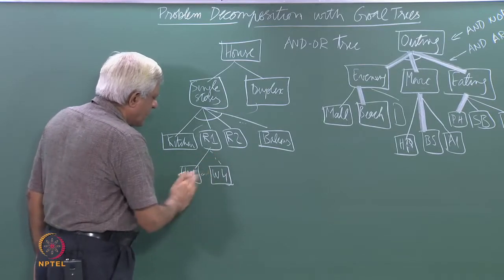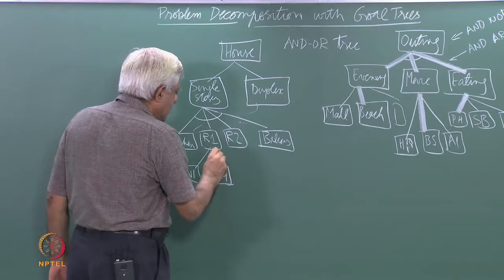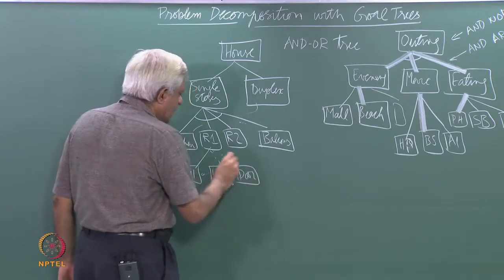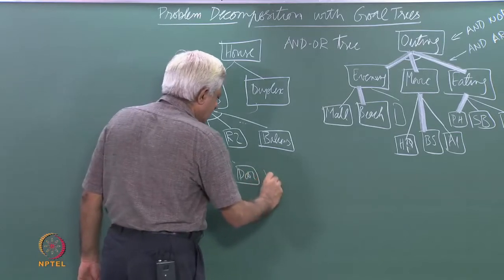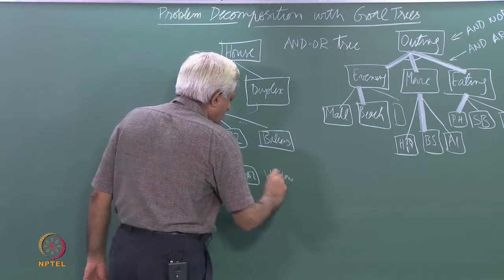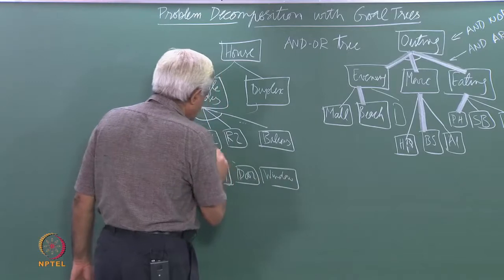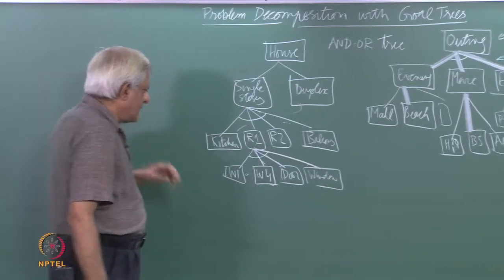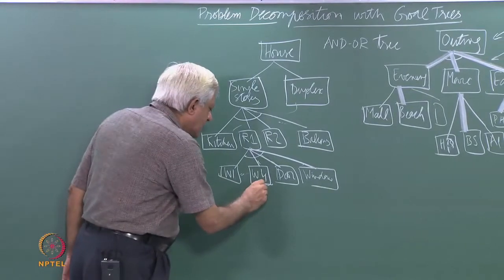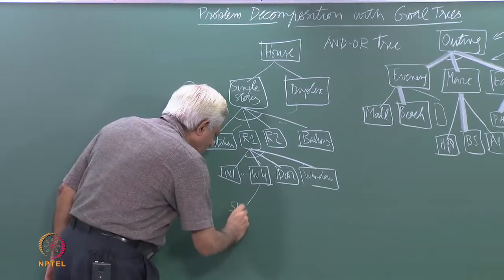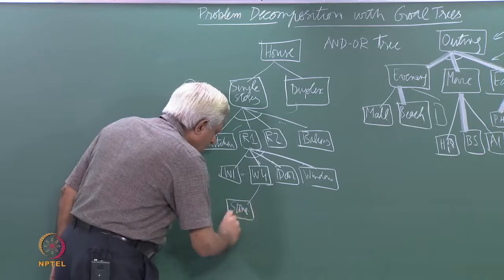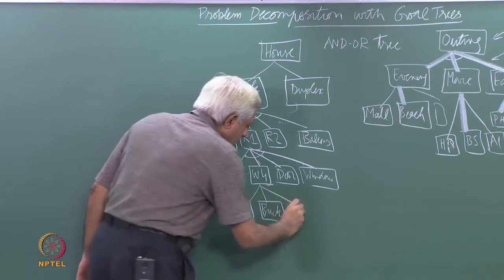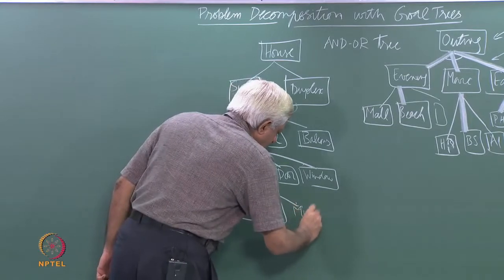So, from wall 1 to wall 4, and then maybe door, let us say we have only one door in this, and let us say we have a window. This would be an AND node, and if you look at a wall, for example, you may have choices like stone or brick or mud in some places.